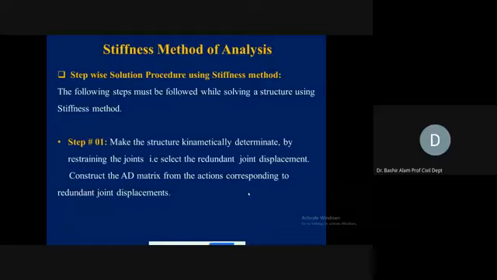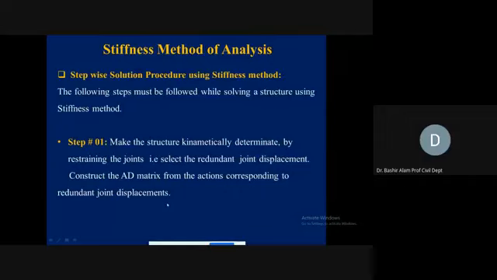When we identify the unknown joint displacements, we look at the same locations, at the corresponding actions where the structure has some externally applied actions corresponding to those displaceable joints, and we include them as our AD values. That way we construct our AD matrix from the actions corresponding to the redundant joint displacements.